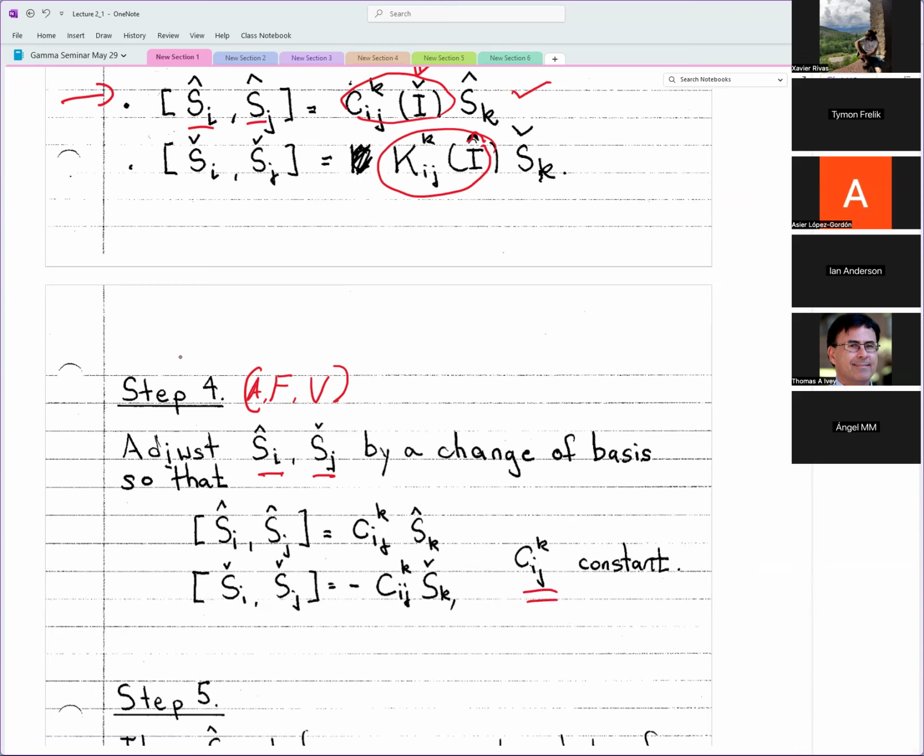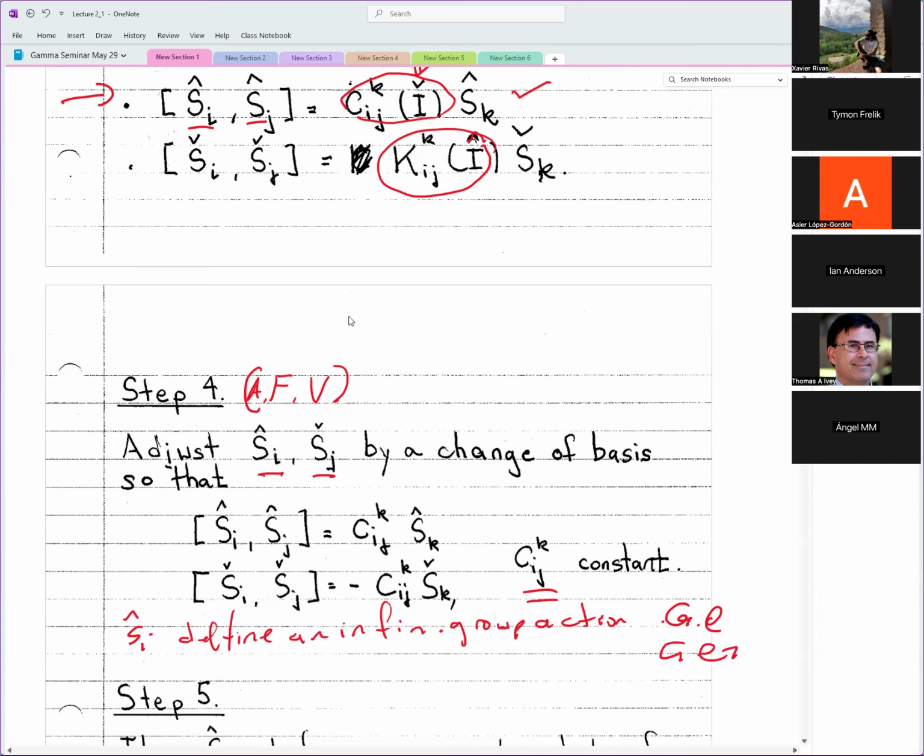Okay, and so because these are constants now, we can think of the S hats as defining an infinitesimal group action. And we can think of the S checks as defining an infinitesimal group action. If we exponentiate that, we can get an actual group action acting on our two manifolds.